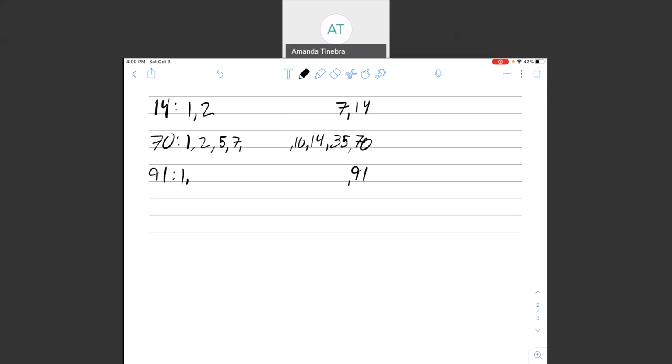2 doesn't go into it. 3 doesn't go into 91. 4, 5, 6. If I check all of those, they don't go into 91. I don't get anything else going into 91 as I try dividing it until I get 7. 91 divided by 7 is 13. Then if I keep checking 8, 9, 10, 11, and 12, none of those numbers that are between 7 and 13 go into 91.